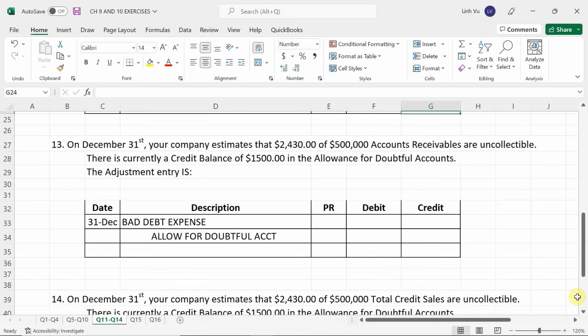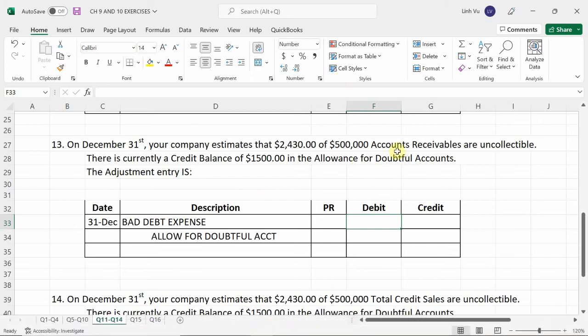Bad debt expense and allowance for doubtful accounts. So, would you take the 1,500 from the 2,430?